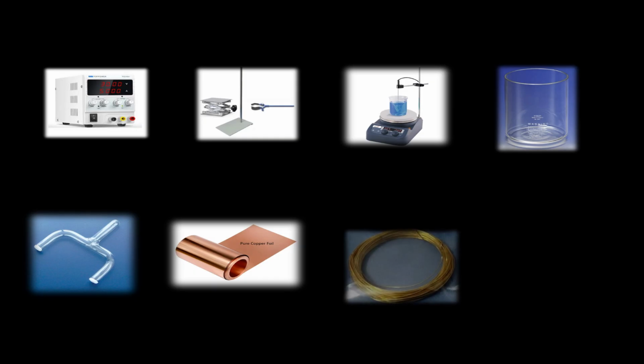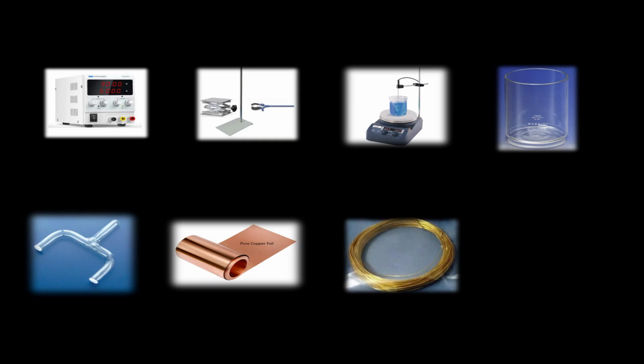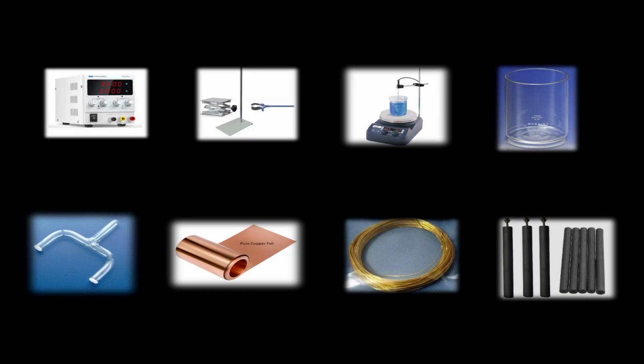A set of beakers to hold your sample solutions and some salt bridges if your cells are divided into two half cells versus a single cell. The cathodes, which are called indicator or working electrodes, can be pure elemental foils or wire, such as the copper foil or the pure gold wire as shown. I prefer the foils.